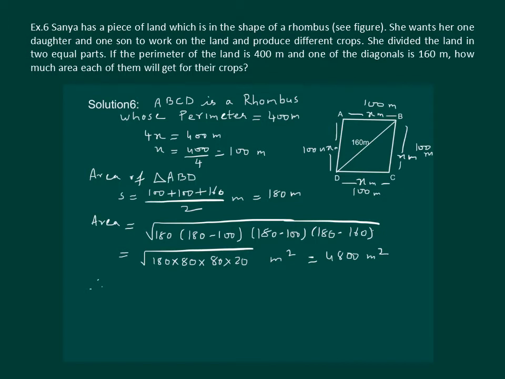Therefore, each of them, that is daughter and son, each of the kids get an area of 4800 meters squares to work on.